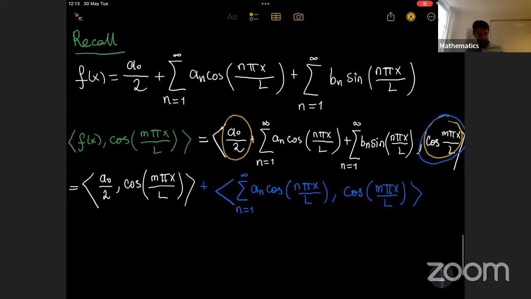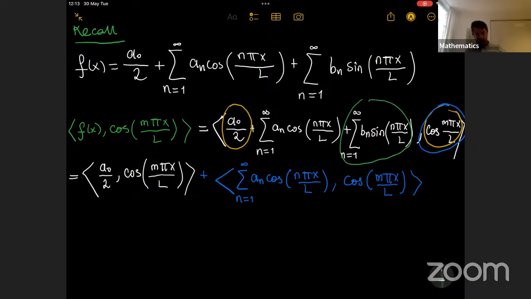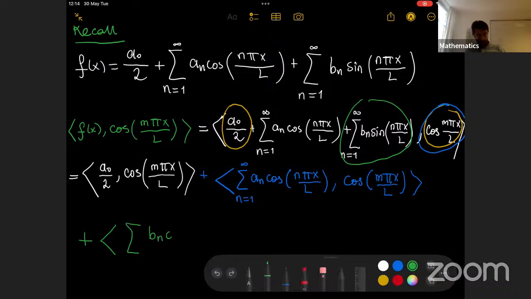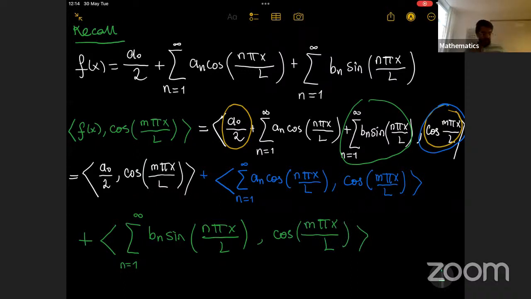Okay, the last one will come from this one. So plus the inner product bn sine, sorry, n pi x over L, comma, cosine m pi x over L. Well, let's see what we get.